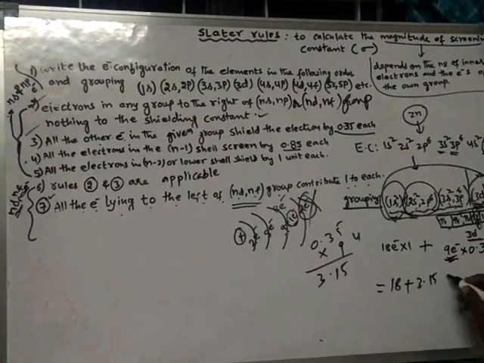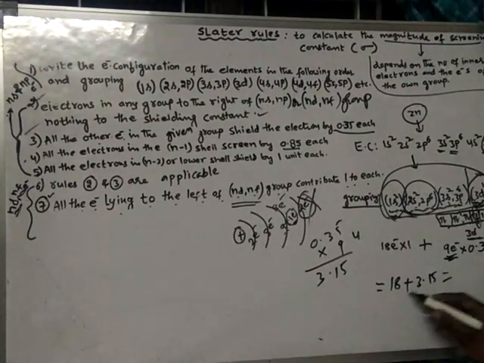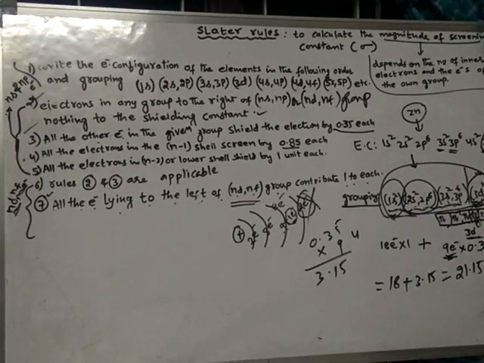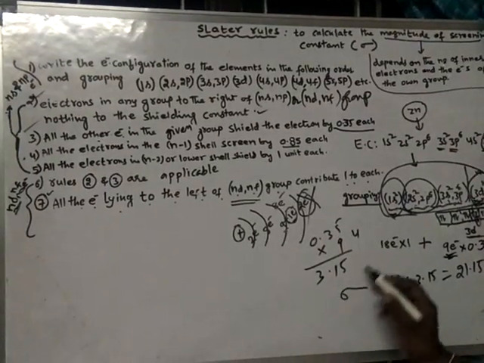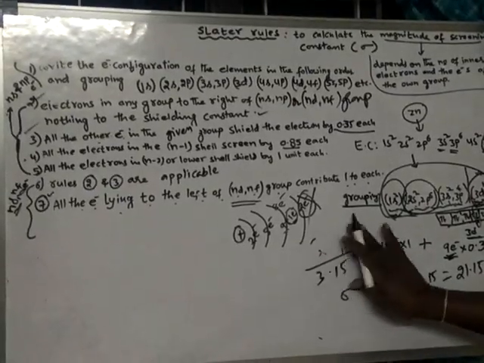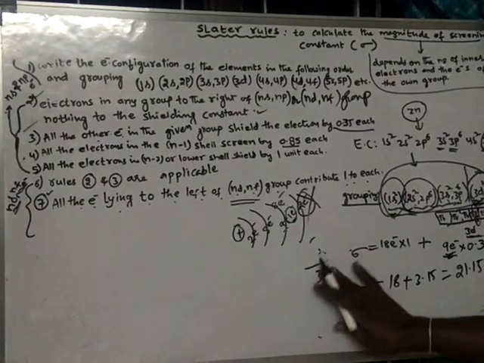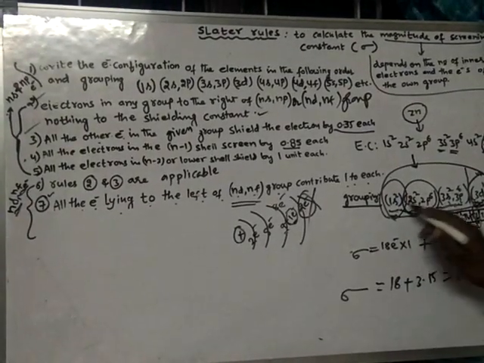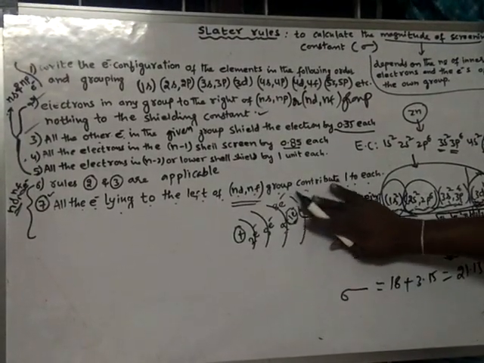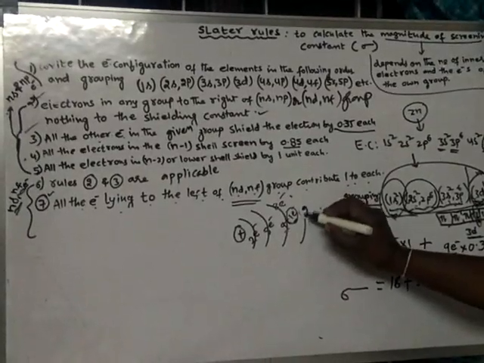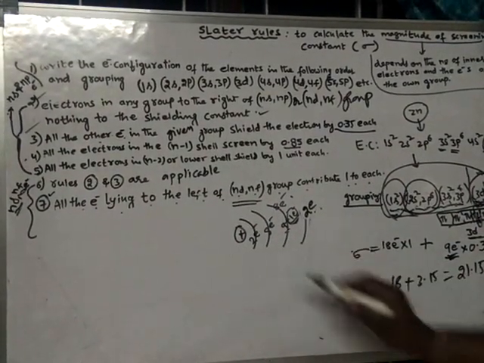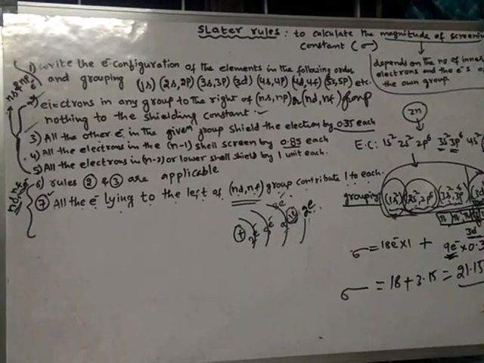Altogether it is 21.15. So the screening constant shown by all these electrons on this particular electron is 21.15.